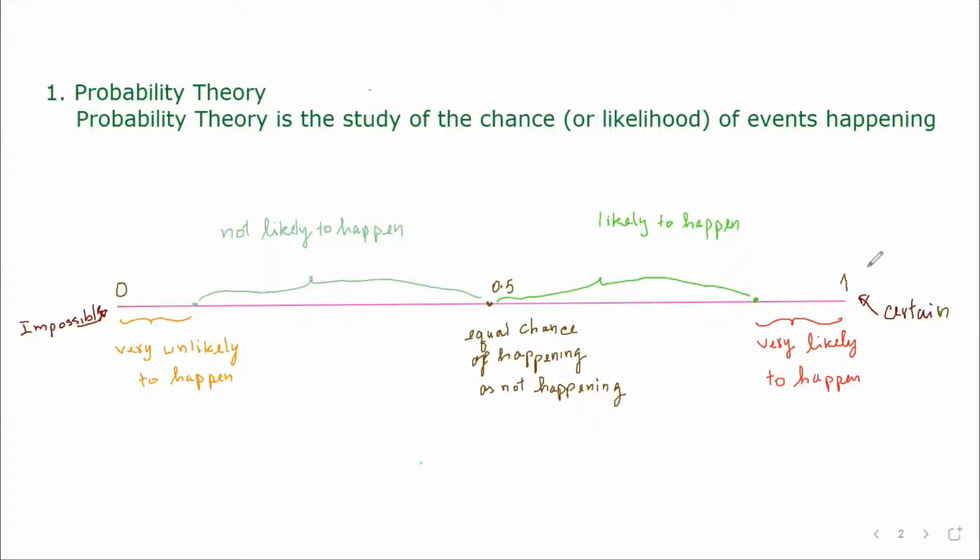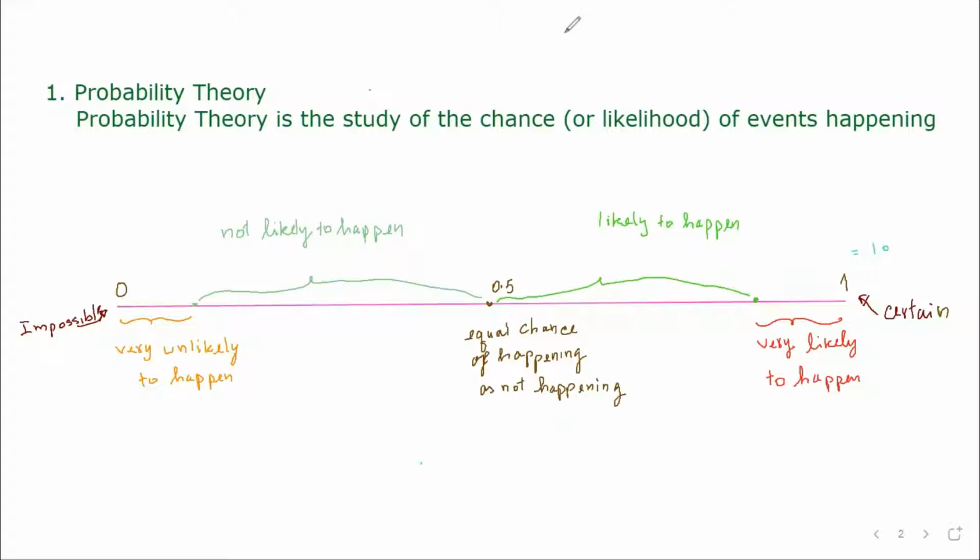And 1 here is certain. Certain means 100%, a 100% chance of happening. This is assigned a probability of 1, or we can say 100%. If you compare with percentage, this one is going to be 100%.